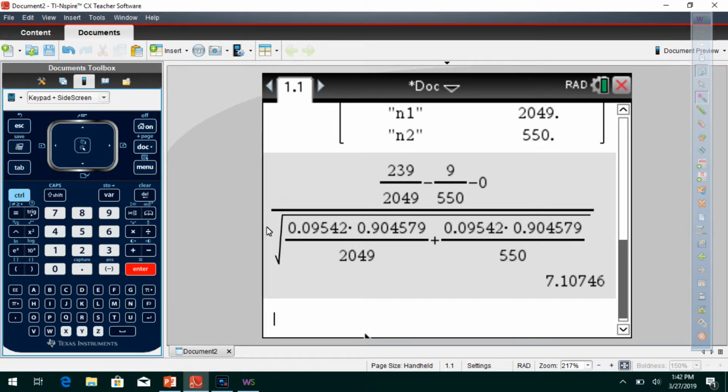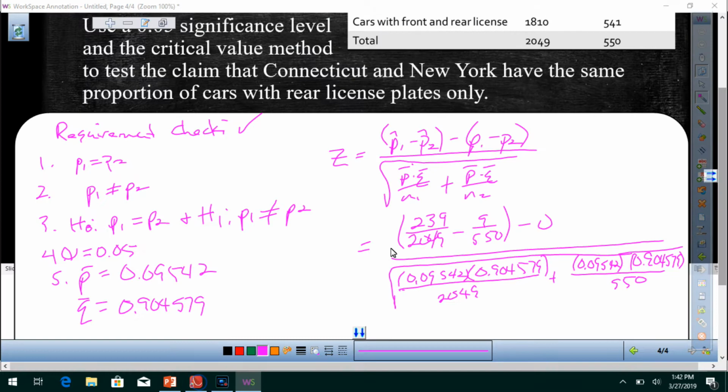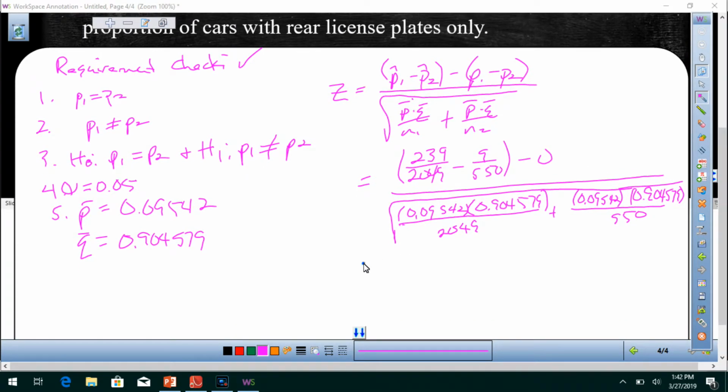And what do we got? Z values go to two places, so we're going to say that equals 7.11. All right.